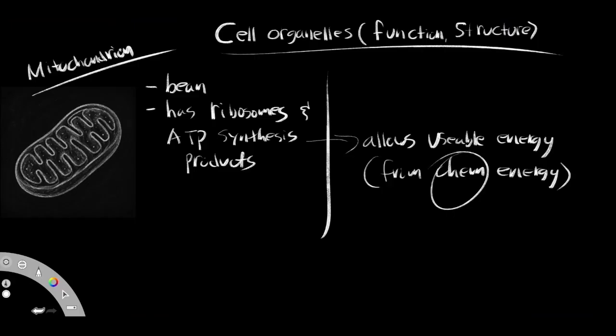Now, if you're confused about what I mean by chemical energy, for example, when you think of the word cellular respiration, mitochondria helps with that. It's very important, so I'll put a star here. For cell respiration, there are many different types, but the one that you're probably most aware of is the exchange of the gases oxygen and carbon dioxide. Obviously we want oxygen, and we want to get rid of carbon dioxide, especially during exercise.